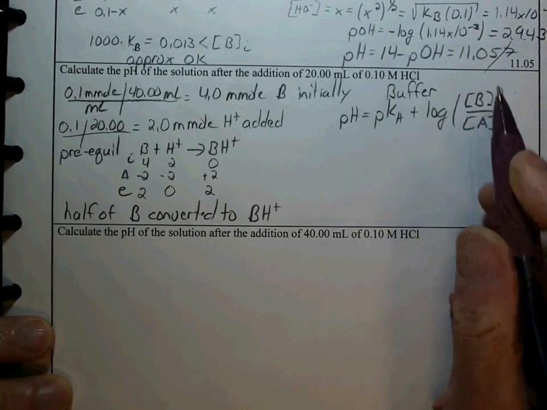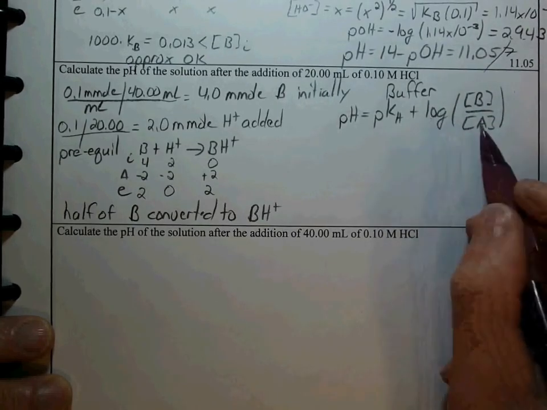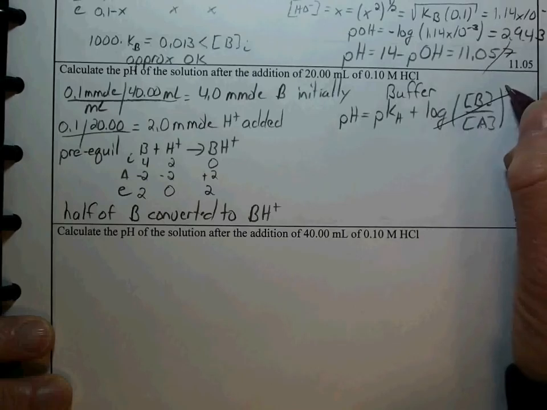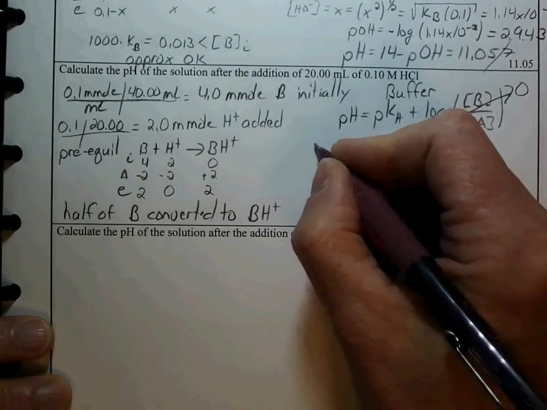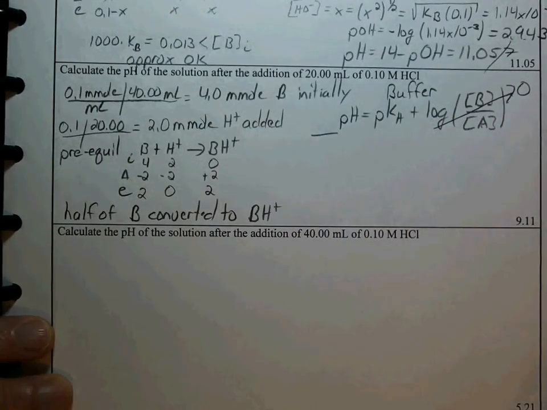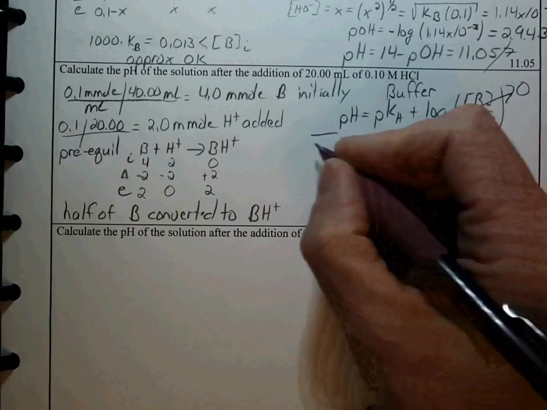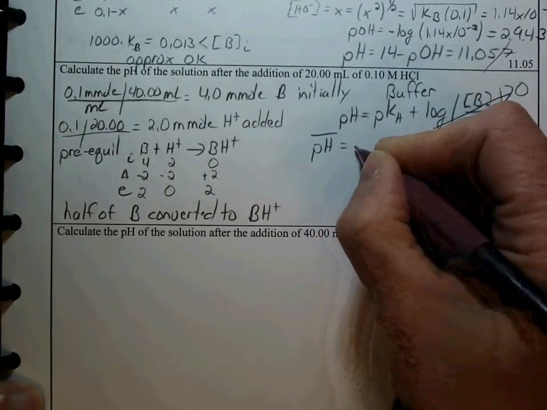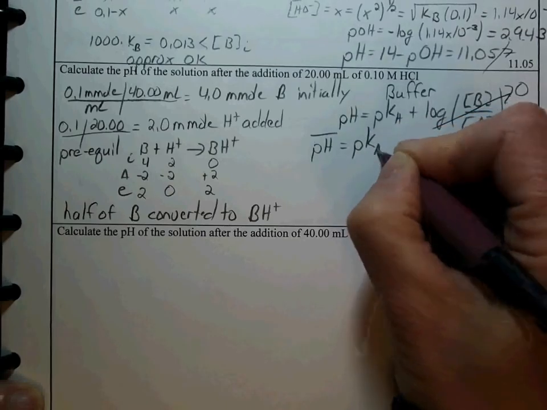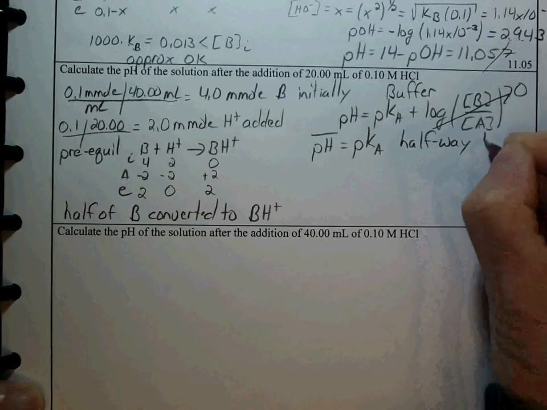Since we have equal amounts of both the base and the acid, this is the log of 1, which is 0. This whole thing goes to 0. And we're left with a common result, that the pH is going to be equal to our pKa halfway to equivalence.